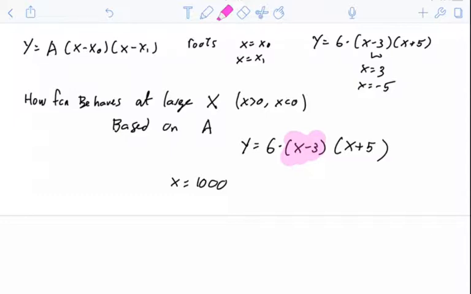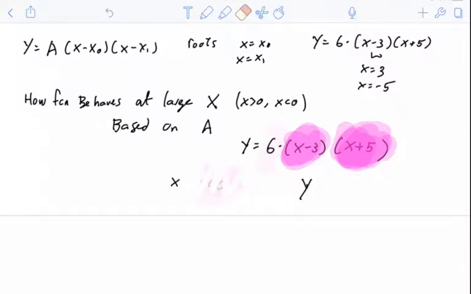What about this term, positive or negative? It's going to be positive, because that is way bigger than the root. So both of these terms, when x is a really big number, will be positive, and the value of y will depend entirely on whether that term is positive or negative. And that shouldn't be surprising to you.